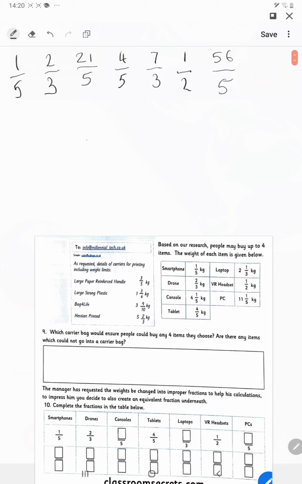So we need to get 1/5 to 60, and 5, we found out that 5 times 12 was 60, so we've got our 1/5 there, and we're going to times it by 12. I'm just going to write it a little bit further up. So we've got 1 times 12 and 5 times 12, which will give us 12/60.